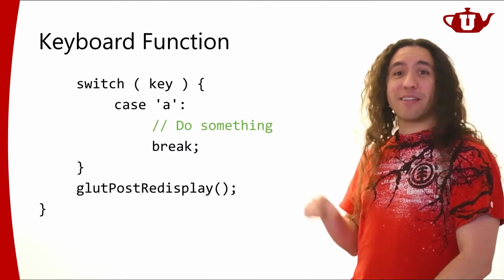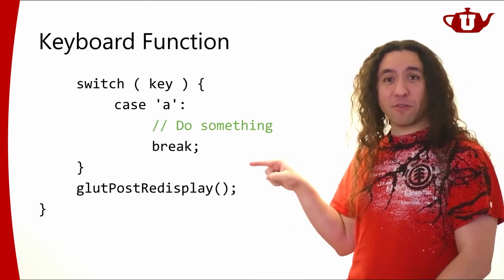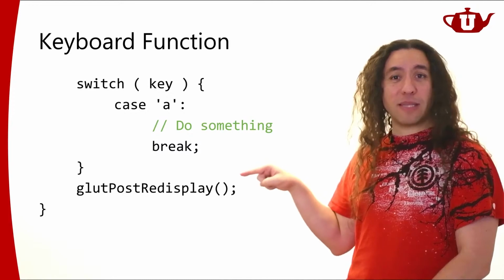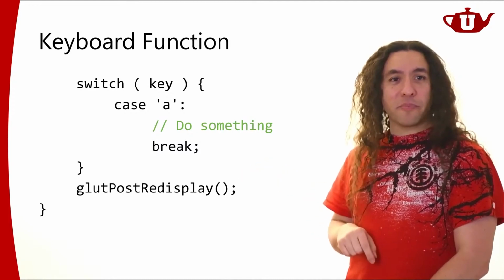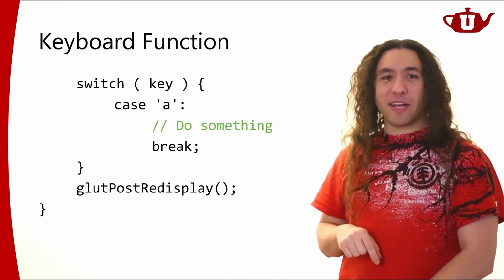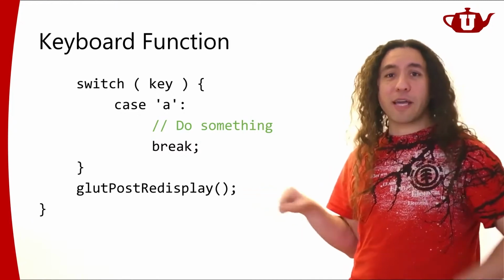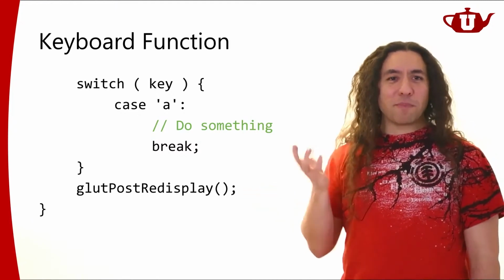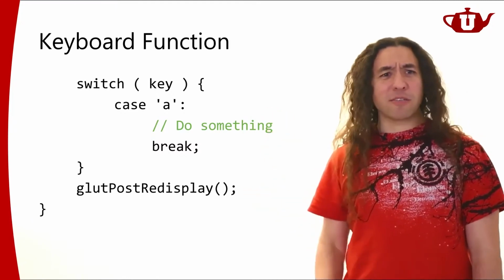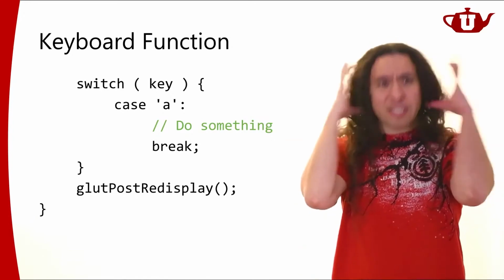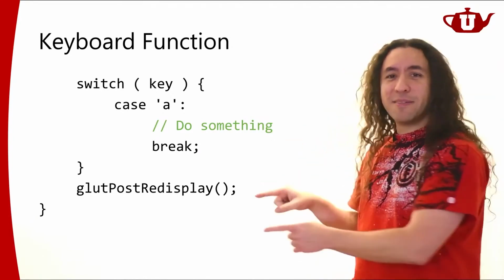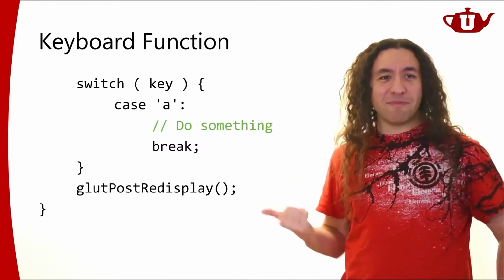So if you don't do this, GLUT will not do anything, right? Don't forget to do this. Whenever you need to re-render, make sure to call it. That's a funny thing that happens if you forget that. You will be updating your scene and nothing will change on the screen, and you'll be like, I'm changing everything and nothing is happening. Maybe you just forgot to do this.